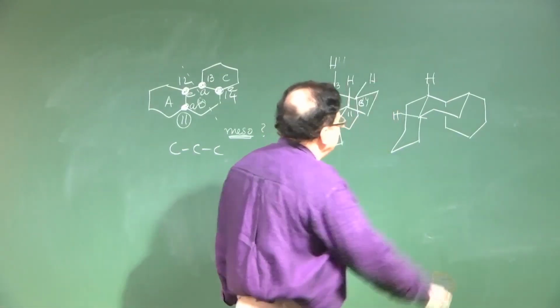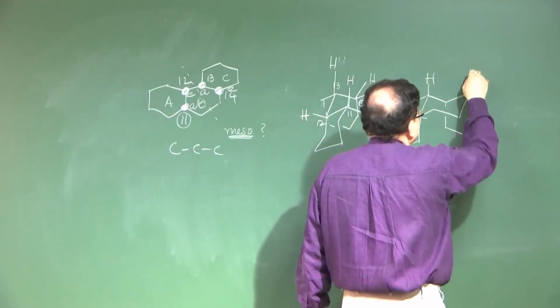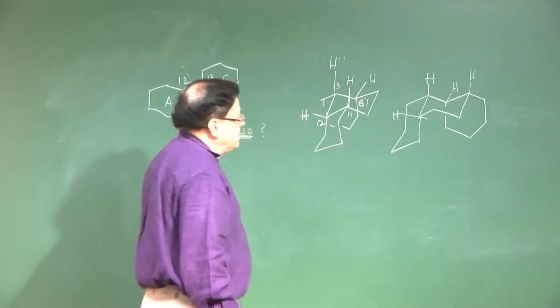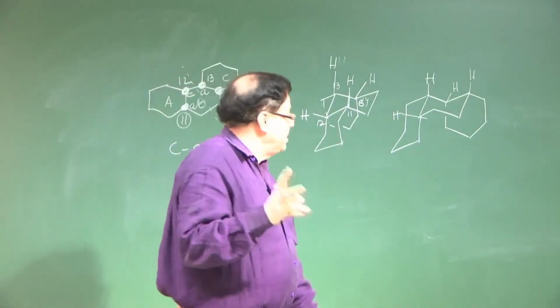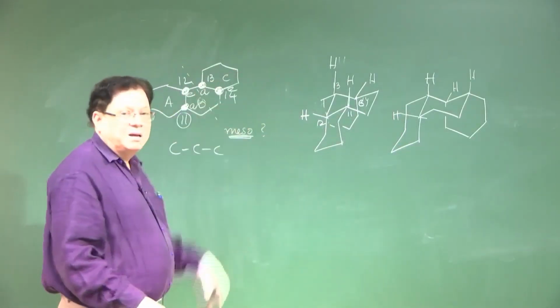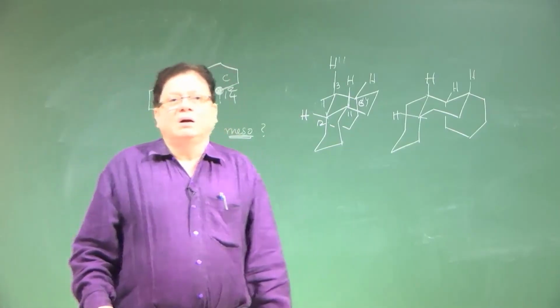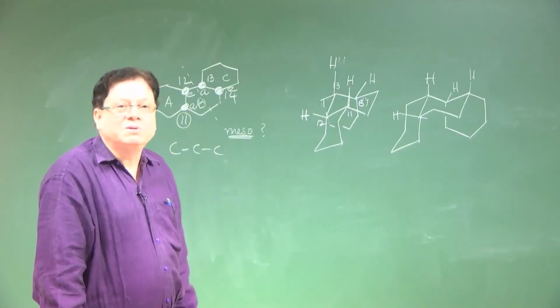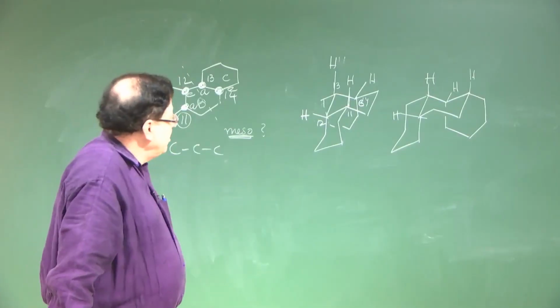Now, how many extra gauche butane units it may have, you can quickly tell, because there is a cis-decalin system, there are two cis-decalin systems present. So, that gives you 6, each cis-decalin gives you 3. So, 3, 3, 6, that will be there.